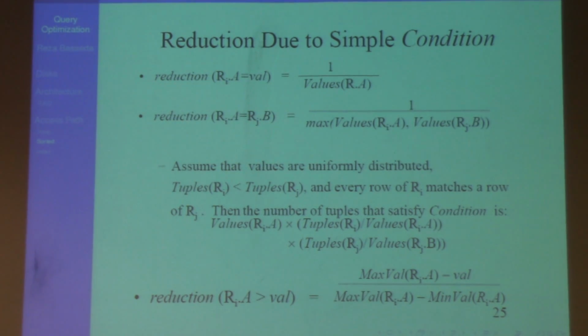Professor, I don't quite follow. What are the symbols? What is Ri? Ri is relation Ri, and A is the attribute A of that, okay? And Rj is relation Rj, and B is the attribute of that, okay?